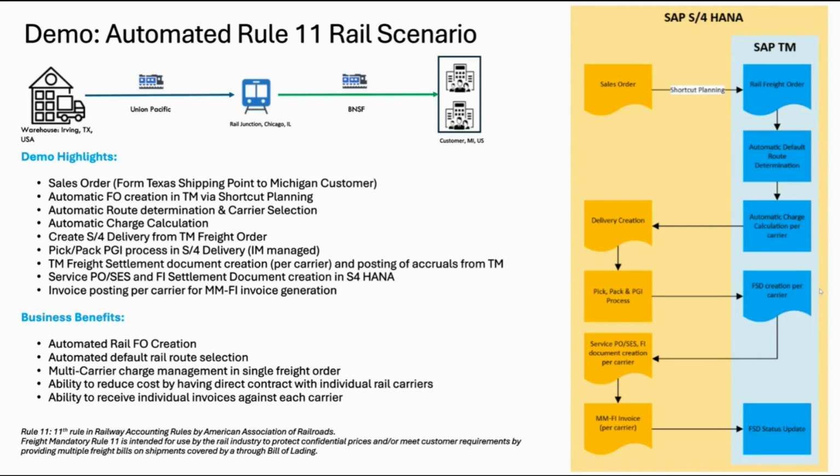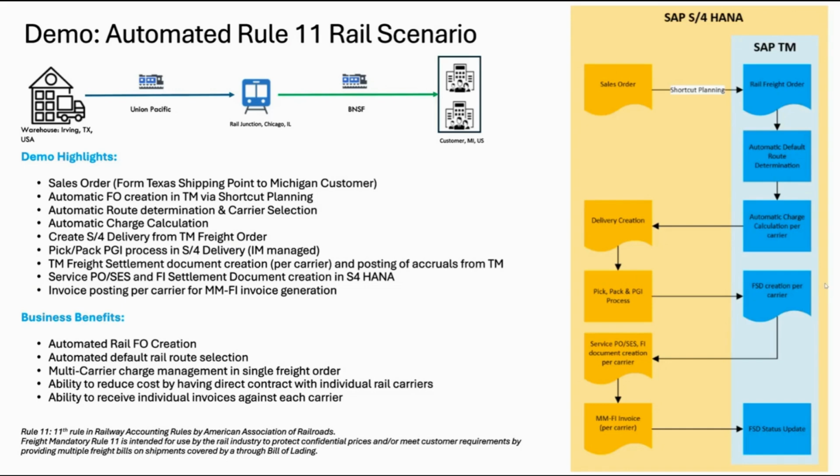Even the invoice received from the carrier can be automated through EDI 410 interfaces. Route selection can be automated, and we can reduce cost by having individual contracts with individual rail carriers, and pay the invoices individually to each carrier.